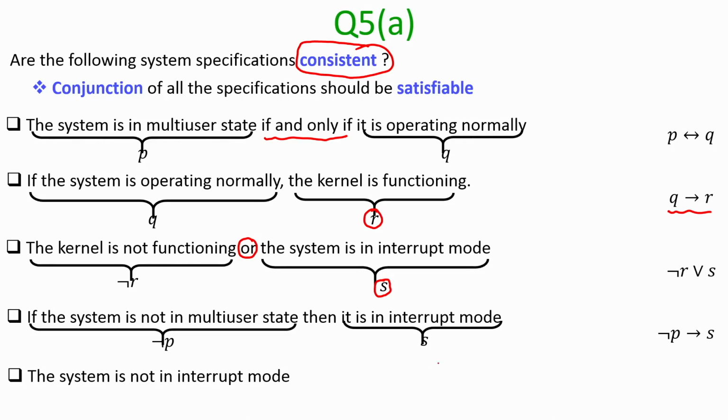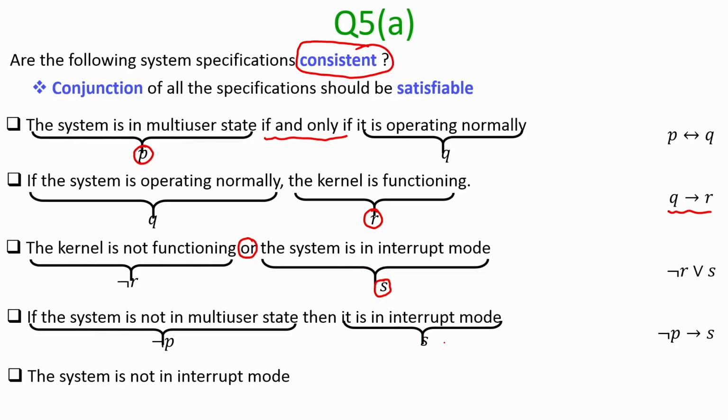I do not need any new variable for the fourth statement, because I have already used the variable P to represent the proposition the system is in multi-user state. So, the system is not in the multi-user state will be represented by negation P, and I have already used variable S to represent the proposition the system is in interrupt mode.